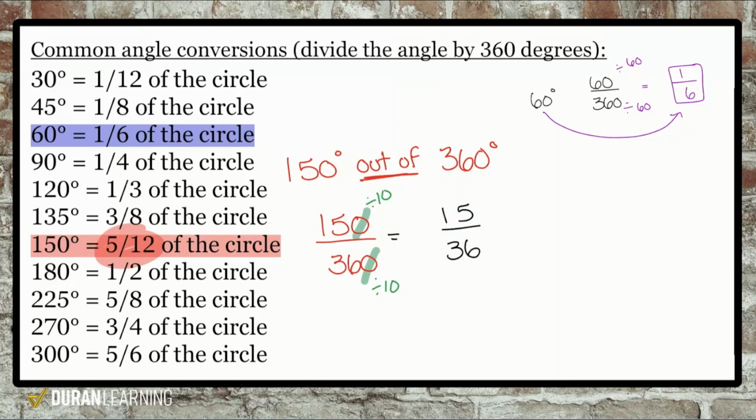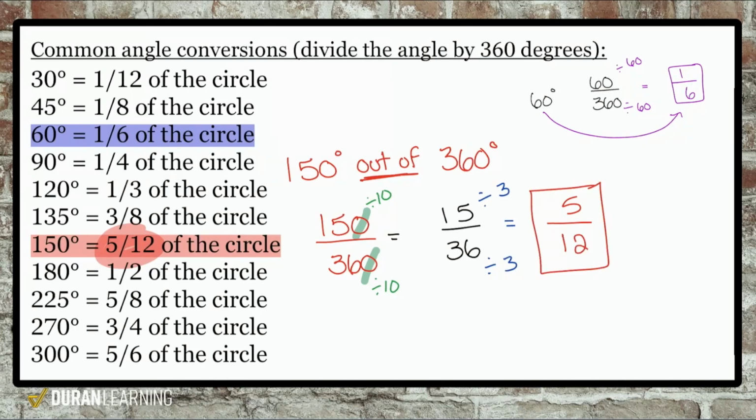So up next, let's ask ourselves, everybody, what number goes into both 15 and 36? What number can you think of that goes into both 15 and 36? And if you're thinking the number 3, then you're correct. And watch what happens once we do that. I'll divide the top and the bottom by 3. 15 divided by 3, that's going to give us 5. And then 36 divided by 3, that's going to give us 12.